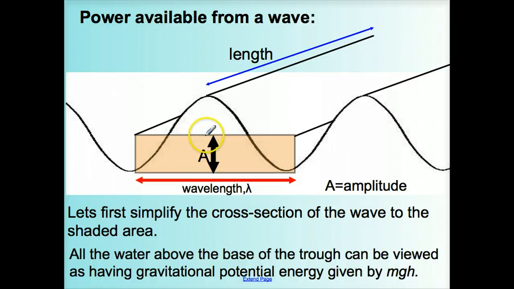So this line here would be the mean position of the wave, up to here would be the amplitude, and down to here would again be the amplitude. So we have this rectangular shape, which has roughly the same area as the wave, with a length equal to the wavelength and a height equal to the amplitude. The gravitational potential energy of that shape is given by mgh, and we want to work that through.